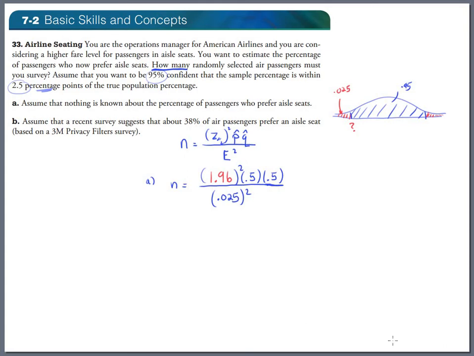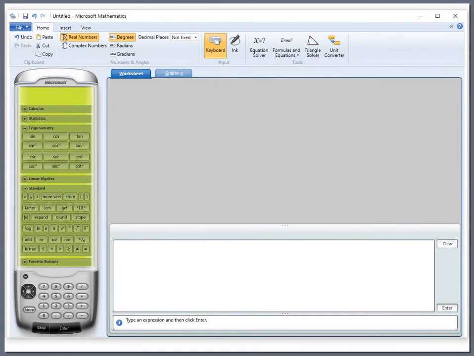So let's just grab your favorite calculator. And let's say we want 1.96 squared times 0.5 times 0.5, all that divided by 0.025 squared.